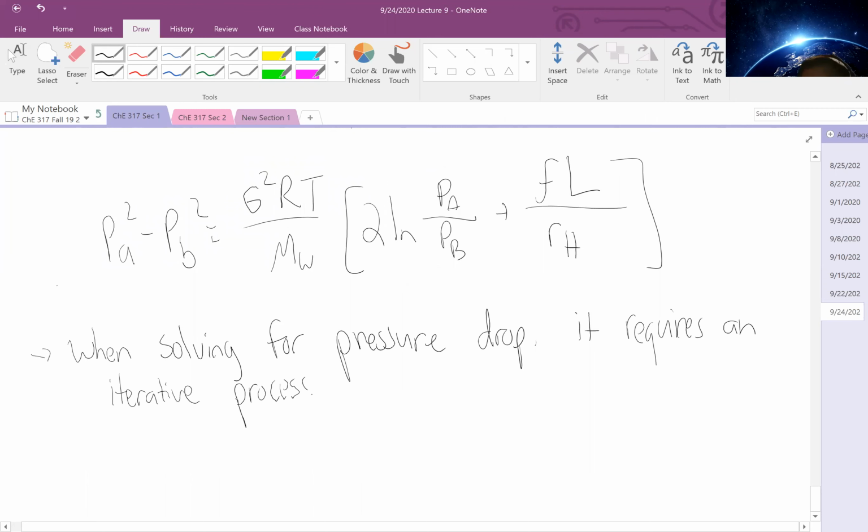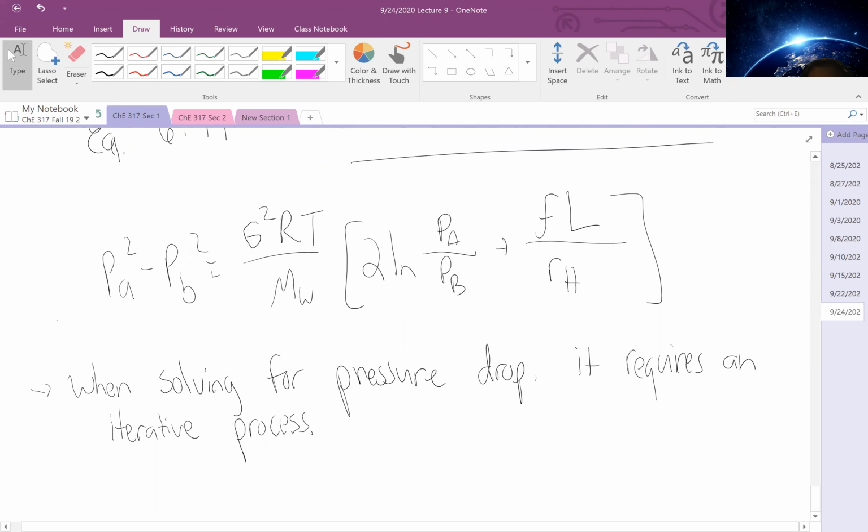And so you're going to have to guess essentially a pressure drop and then check that guess with this expression. Also, you have to be careful if you're going to do equation 6.49 in English units, as you will need to use a gc and a 144 in your calculation.